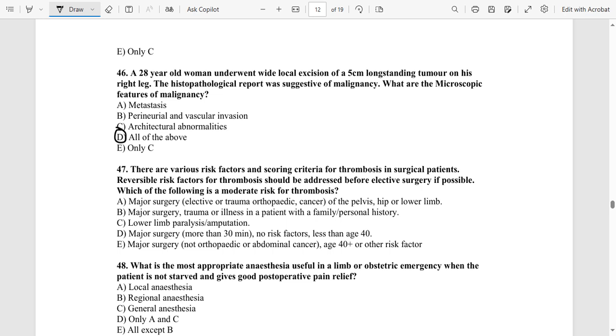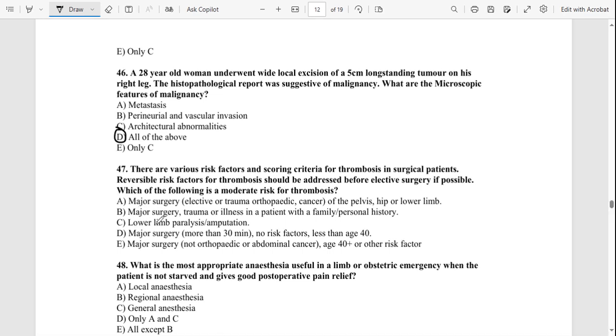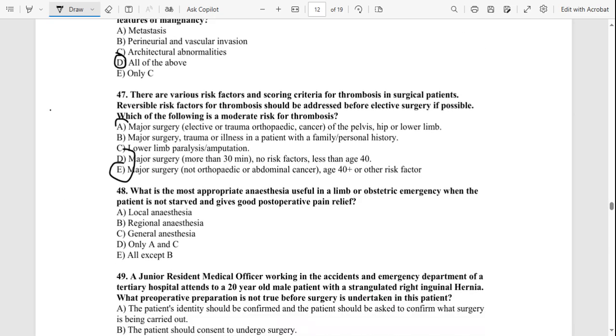Okay, so that is that. So here we can say, okay, that's high risk. So it's E, major surgery in someone who is 40 years with other risk factors.